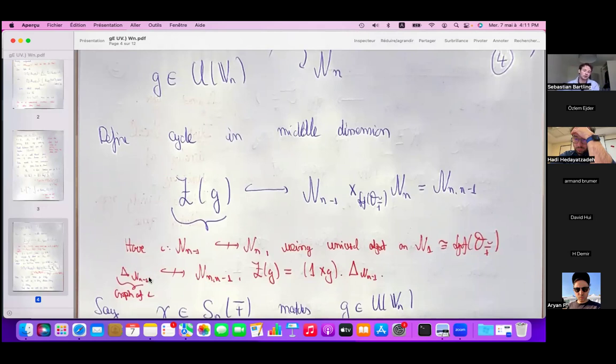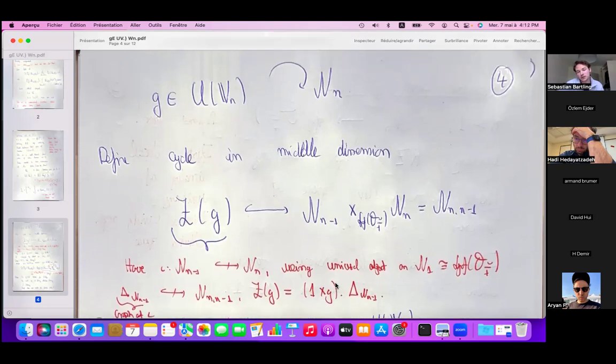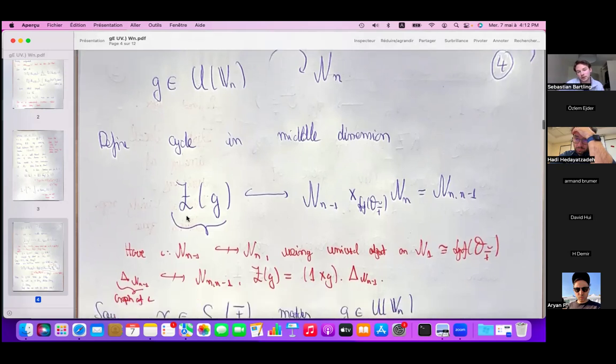It's a closed formal subscheme of this fiber product here. And then because I know that my group UFN acts, I can translate the cycle using this element. So starting from an element in UFN, you can construct a certain cycle.